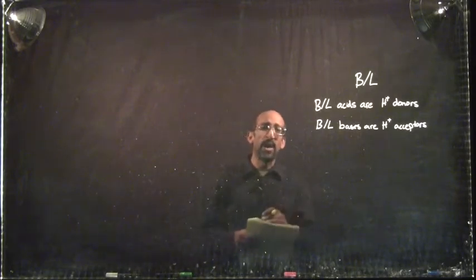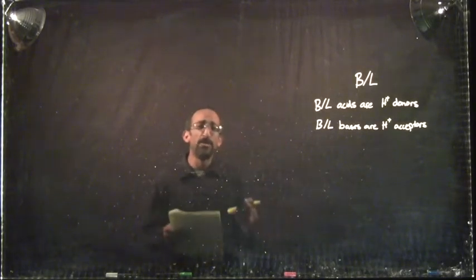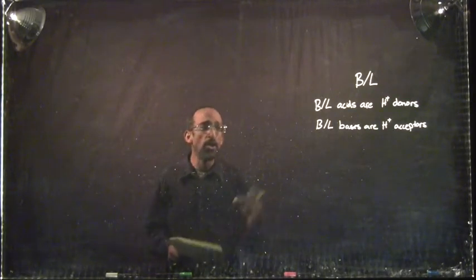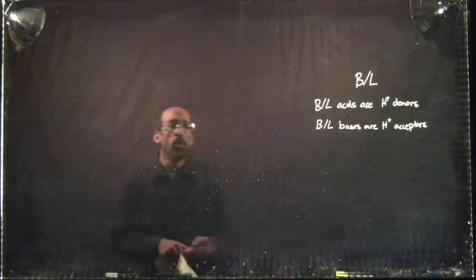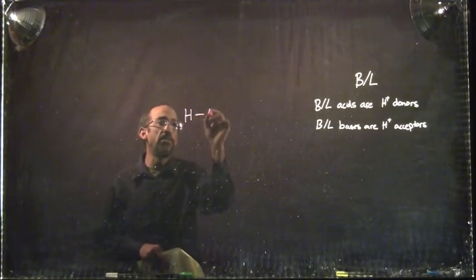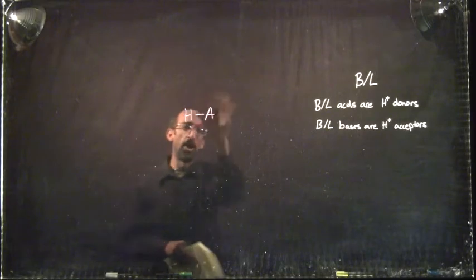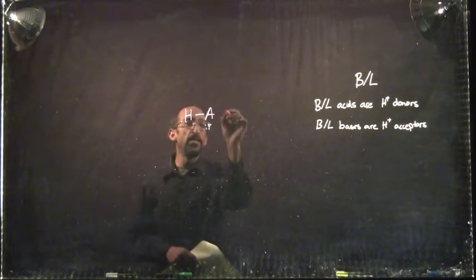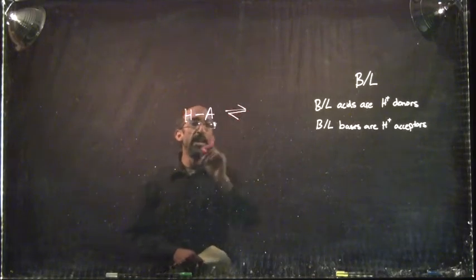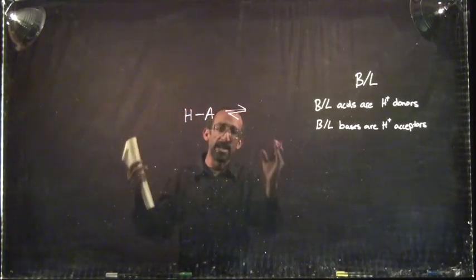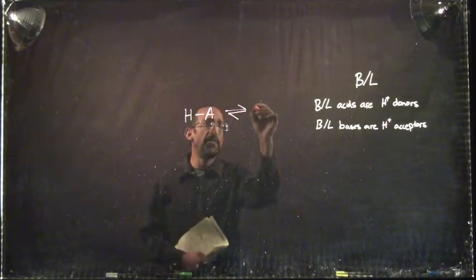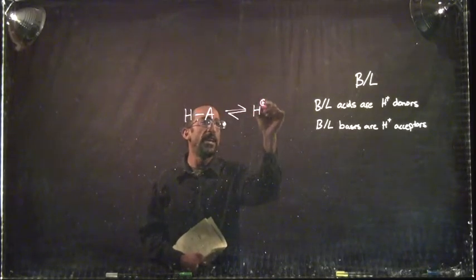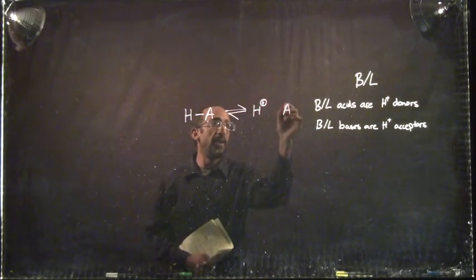This process of losing a proton is known as acid dissociation, right? We can write a generic reaction for acid dissociation where we have some fictional acid, which is going to be a hydrogen atom attached to something else, which we're just going to call A. We're interested in how easily it is able to break that chemical bond, or to have this proton dissociate from the rest of the acid to form these two species, H plus and A minus.